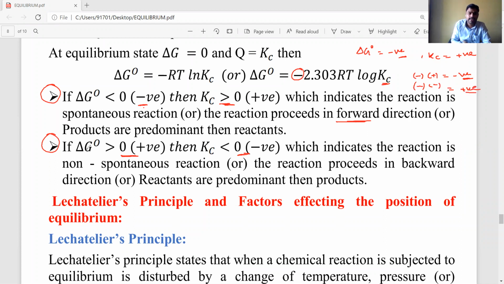That's why delta G naught is positive means the Kc value is negative. It indicates that the reaction is non-spontaneous, and non-spontaneous reactions move in the backward direction, or reactants are predominant over products. These are the important relations between delta G naught and equilibrium constants.